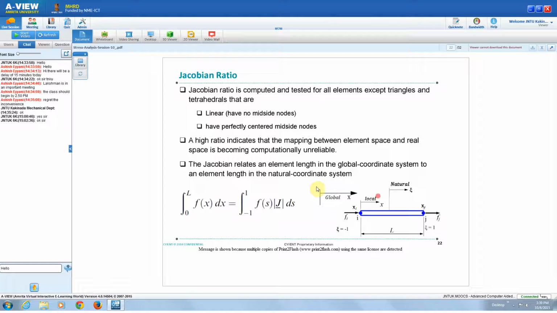One is global coordinate system, one is local coordinate system, another is natural coordinate system. Natural coordinate system usually varies from -1 to 1. This is related to shape functions we have discussed some time back. So this Jacobian will establish relation between global coordinate system and the natural coordinate system in defining element edge length.